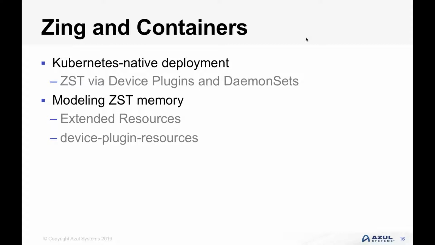Therefore you can run Zing within Kubernetes and, let's say, a Docker environment, and have everything work really nicely. Also in terms of extended resources and things like using the device plugin resource.